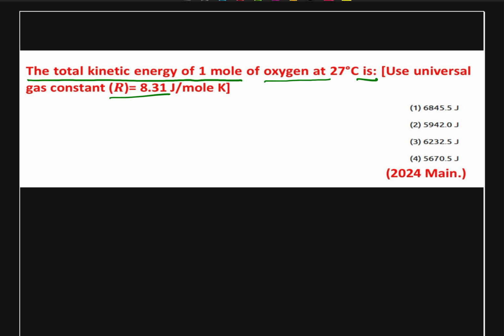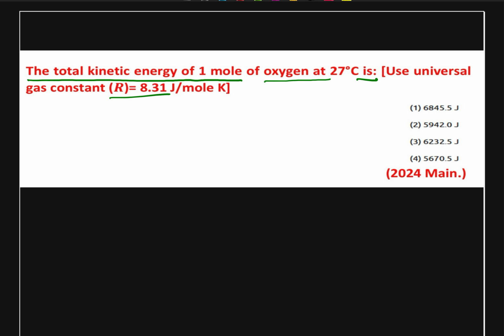So we have to find out the total kinetic energy, and oxygen is diatomic. For diatomic we are going to use the formula with respect to the degree of freedom, which is 5 in this case. So more or less it is directly based on the formula.